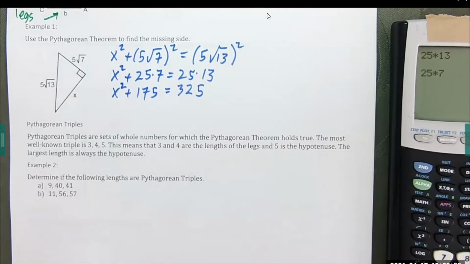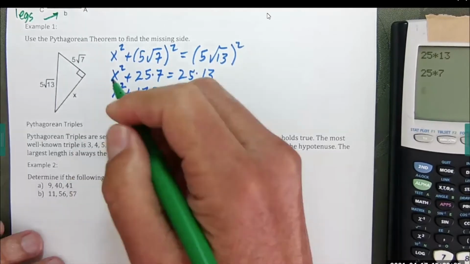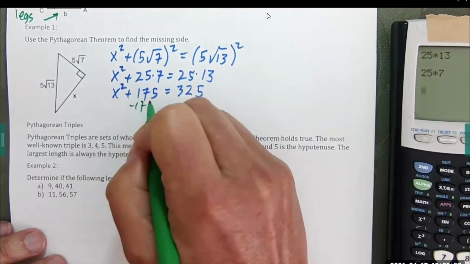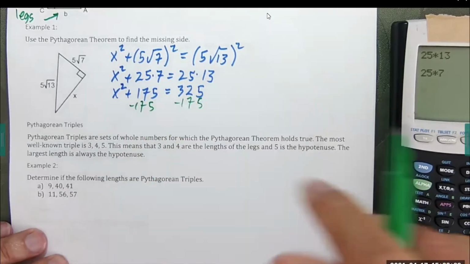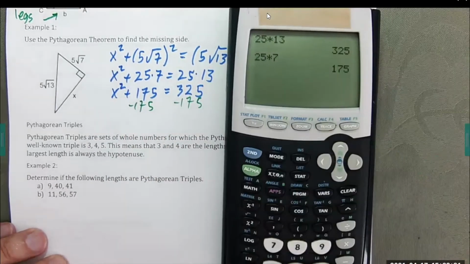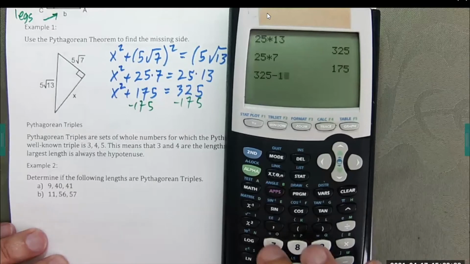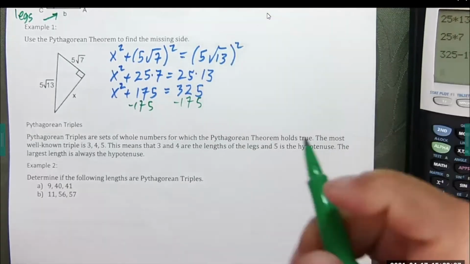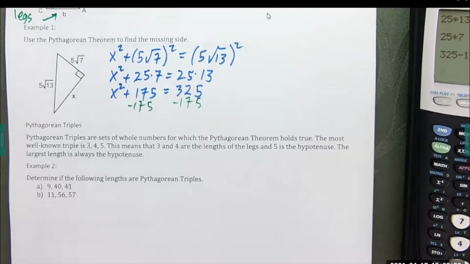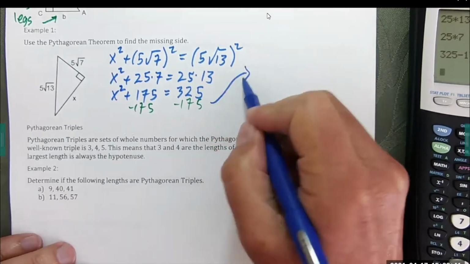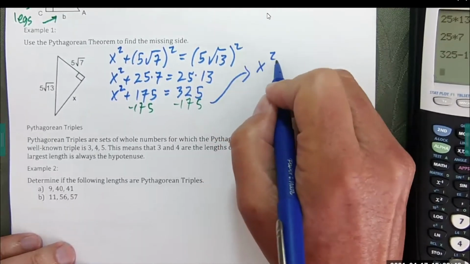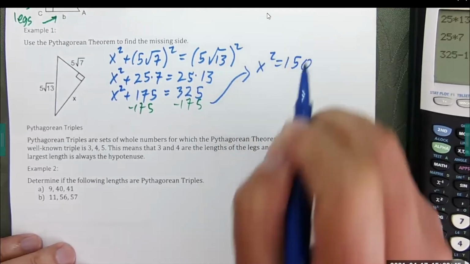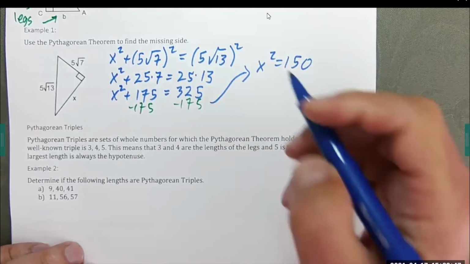I'm going to go ahead and move that over by subtracting the 175. Give us our 150. So x squared equals 150. I'm going to have to do the square root of that.